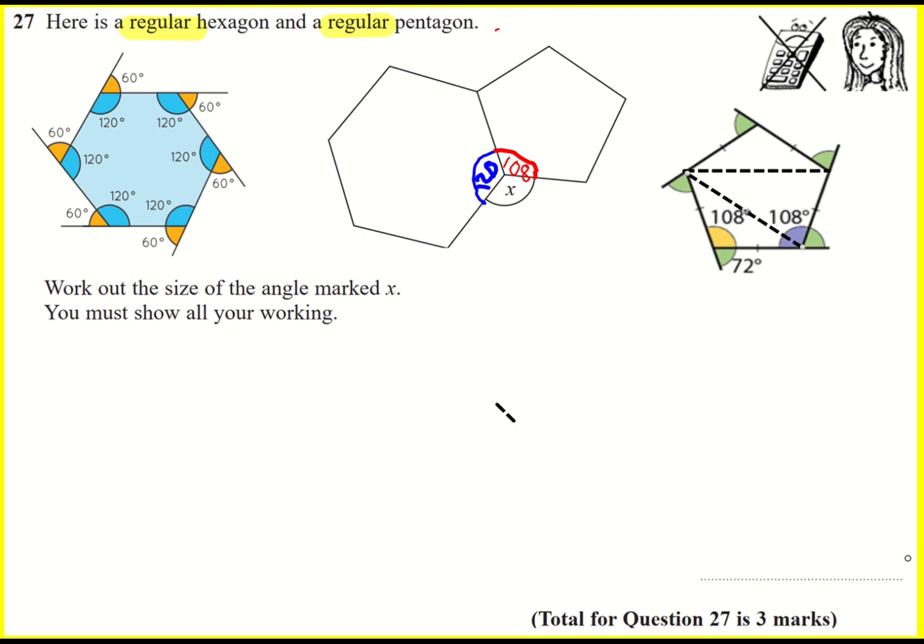And this gives you the number of triangles in that shape. So you can see there's a triangle which contains 180, there is a triangle that contains 180, and just ignoring that 108 for a second, there is a triangle that is 180 as well.